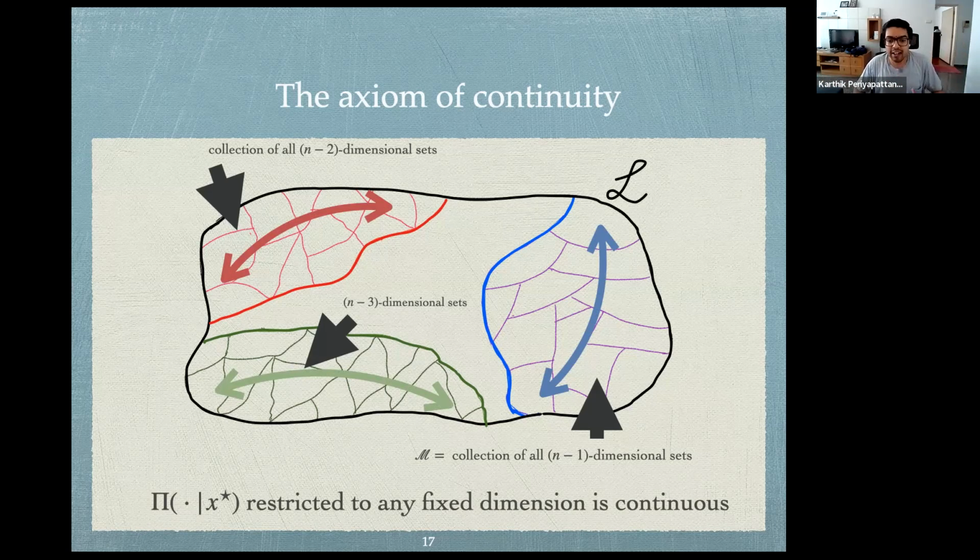So pi restricted to sets of a fixed dimension is continuous. So pi of dot given x star, which is a projection rule, remember, if you fix x star, is going to eat L and spit out a member of L. As L varies continuously, in a smooth way, the projections also vary in a smooth way. That's the idea of continuity.